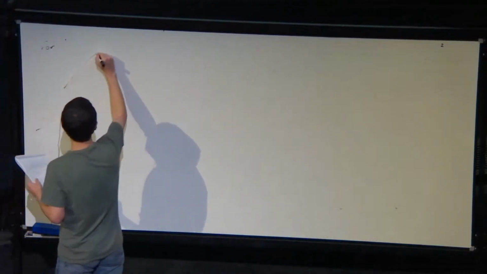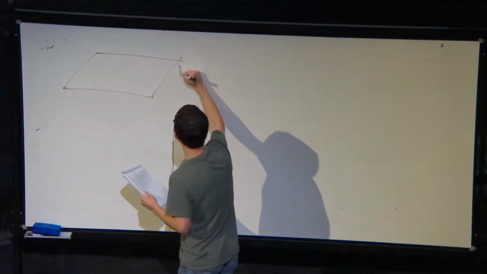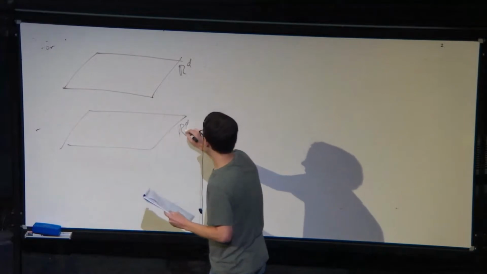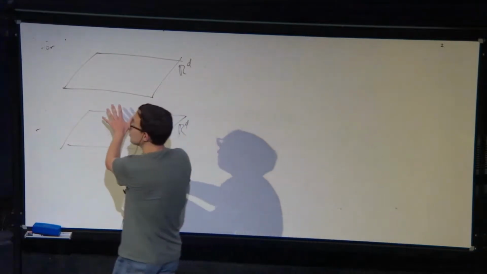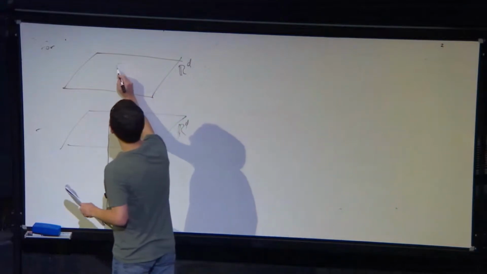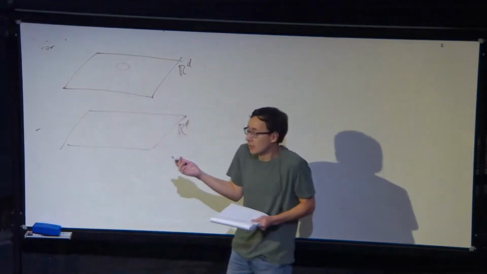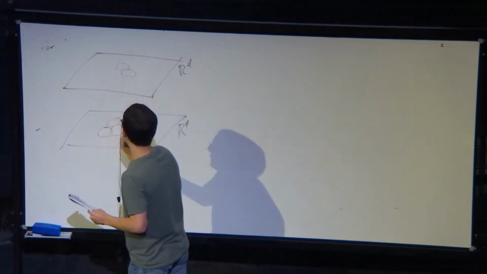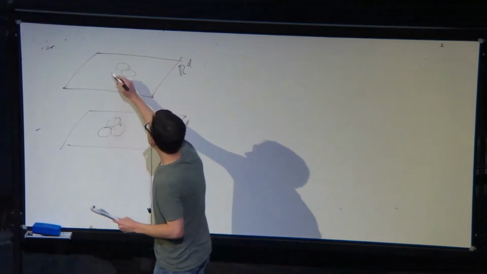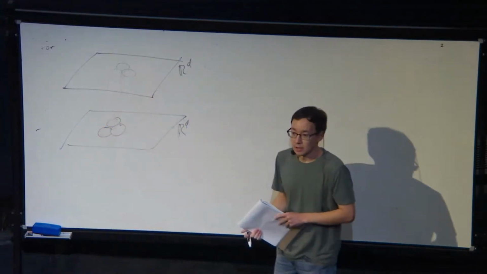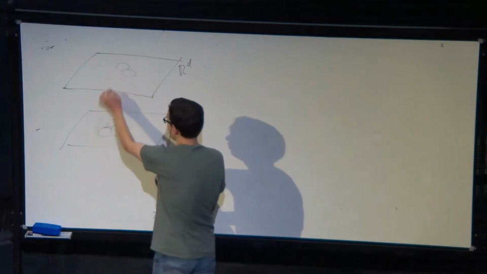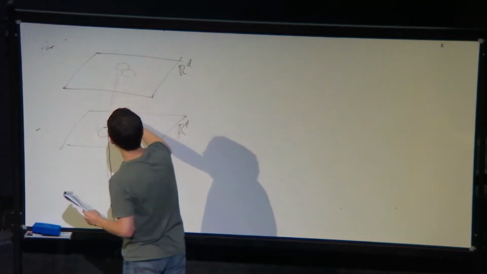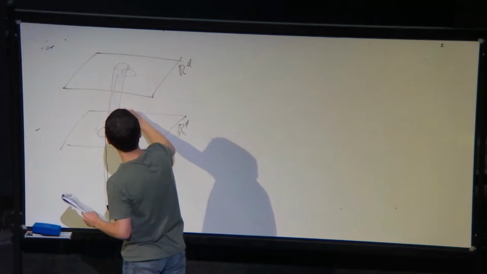We're going to take 2 copies of R^D, conformally compactified to the sphere. In each of these copies of R^D, we're going to cut out 3 balls. It's going to be convenient to make them mutually tangent. Of course, we could do whatever we want, but we're going to make them mutually tangent. So each of these has an S^(D-1) boundary. And then we're going to glue these S^(D-1)s on top of each other with 3 cylinders. So we have one here, and one here.